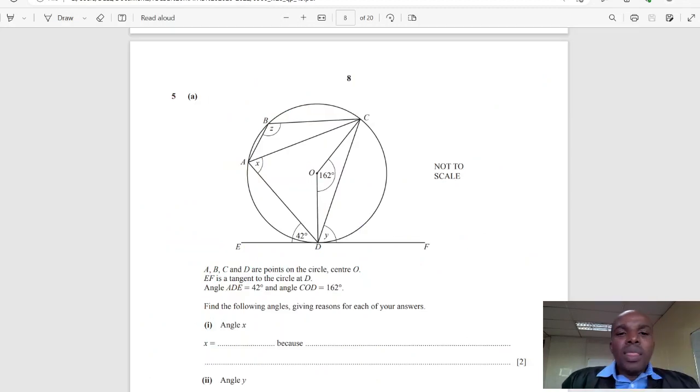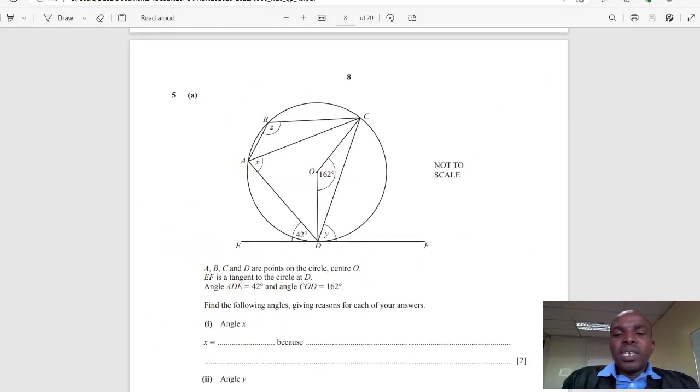Right, then we have this other question. It is written: A, B, C, and D are points on the circle center O. EF is a tangent to the circle at D. Angle ADE is 42 degrees, and angle COD is 162 degrees.